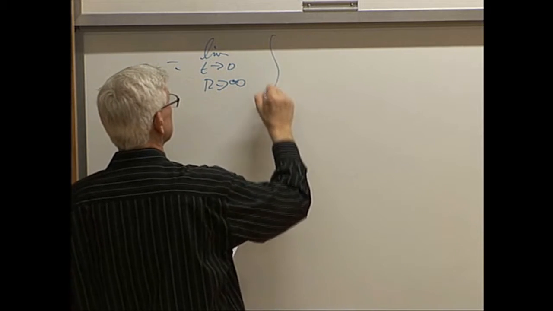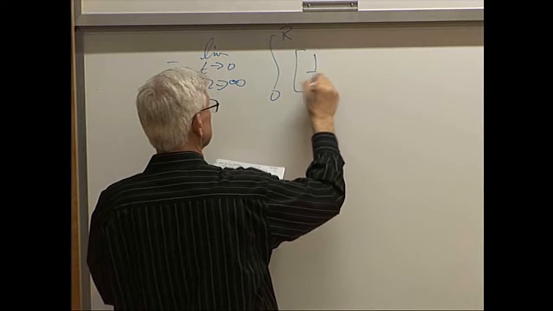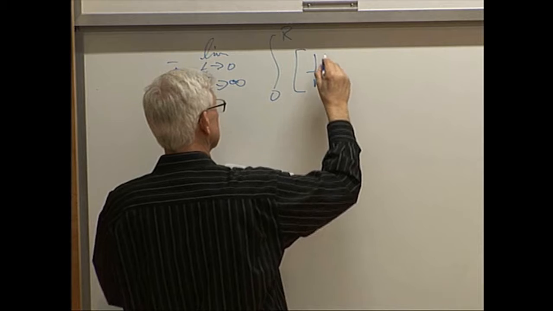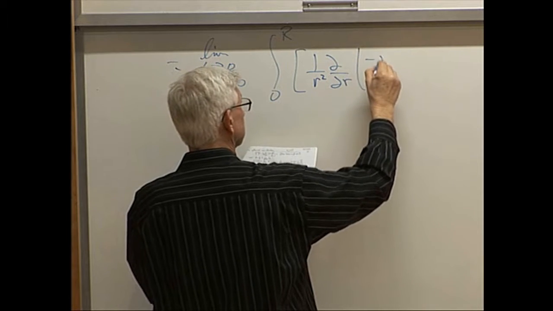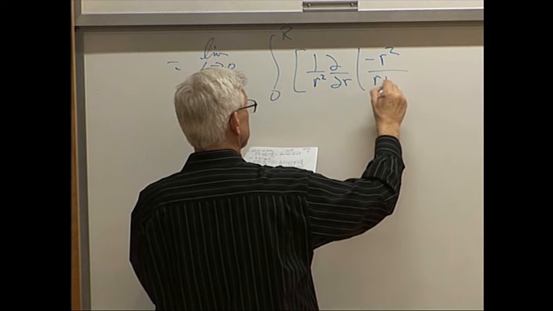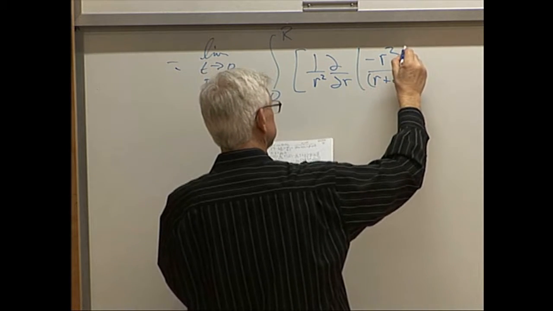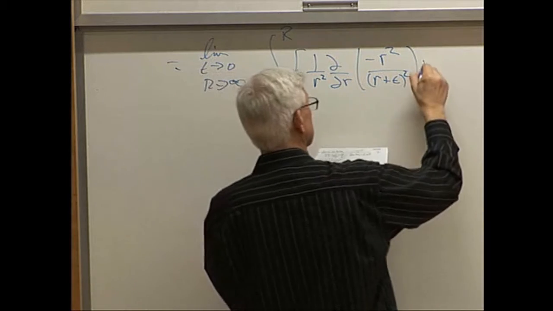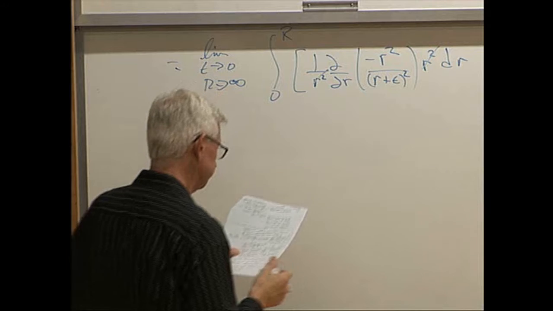And 0 to r, now substitute in the result, and I have 1 over r squared partial with respect to r of minus r squared over r plus epsilon squared, r squared dr. Of course, the r squareds cancel.